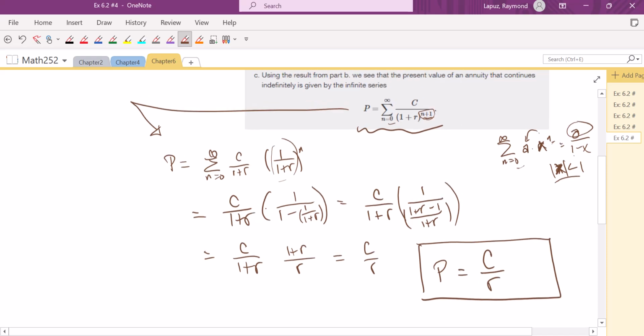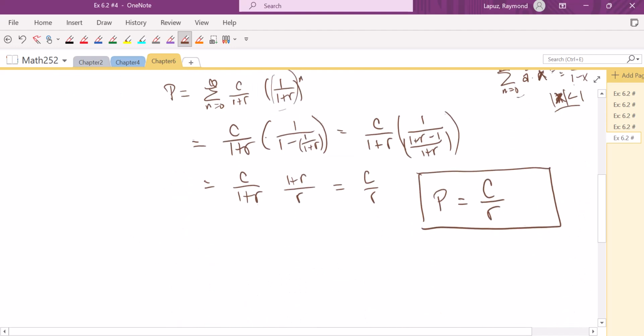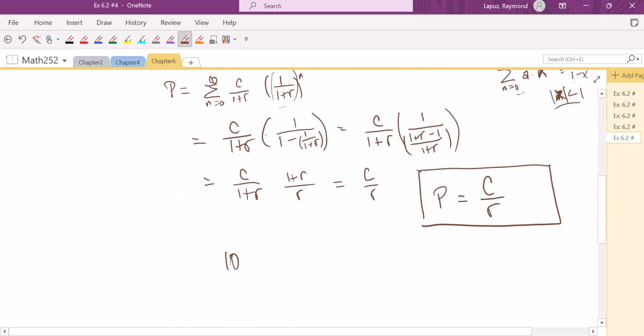So in this particular problem, it makes it really simple now. We have our present value P, and then the annual payment that we're proposing, we'll call that C. So if we just solve for R, we have 100,000 for P is equal to 6,000 for C divided by R, and then we can cross multiply.